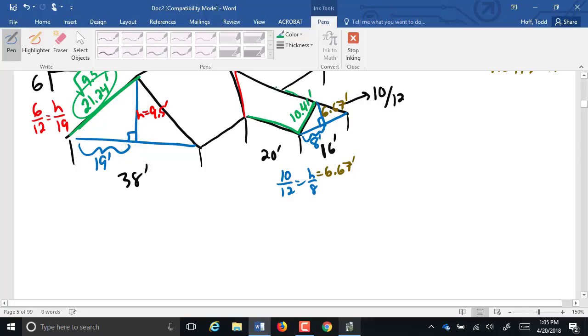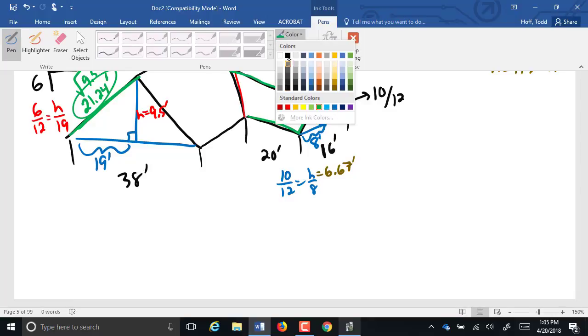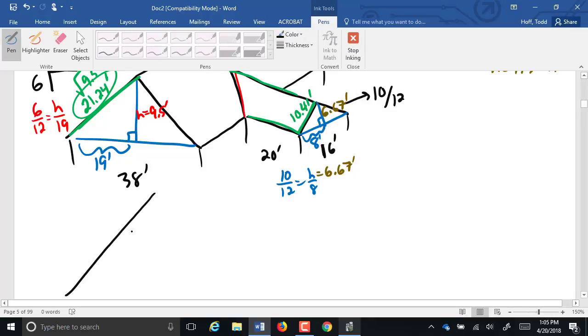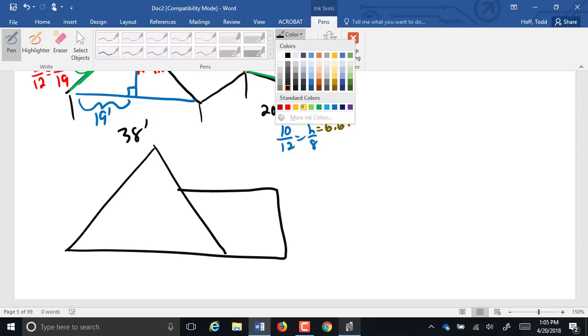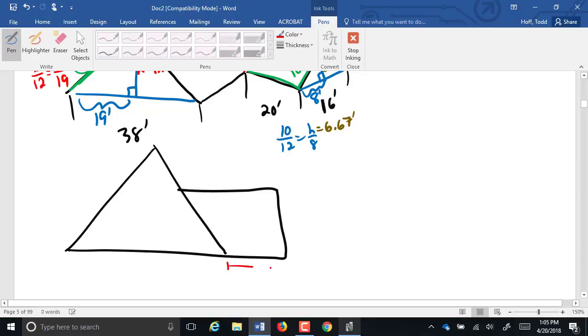Now we got 20 feet here, but we need to know the length of that ridge, don't we? I'll give you a hint here. Let's look at this thing from the end. What do we know about that? You know, this is 20, yep. Do you know this height here?